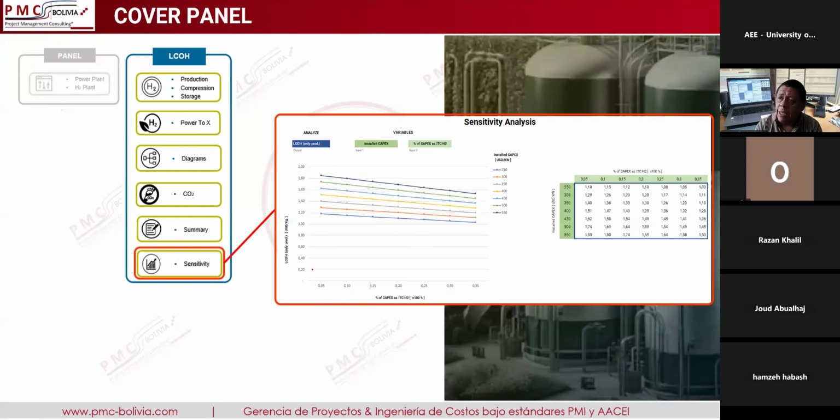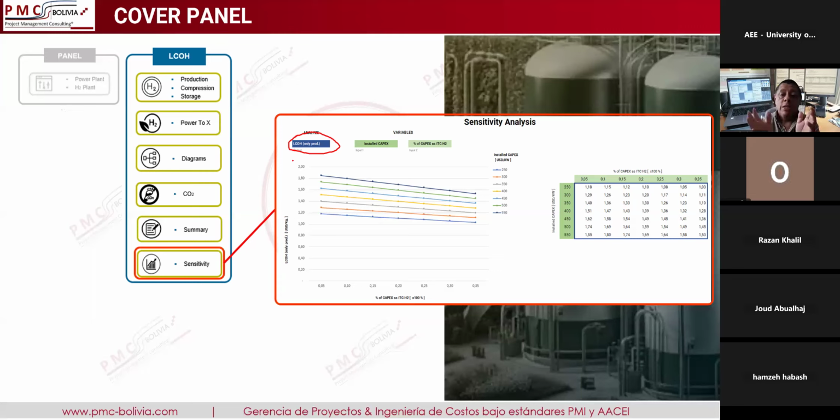So we have a panel of the sensitivity analysis. For example, we can choose around 8 output data: LCOH, initial investment, replacement of stacks, O&M, electricity costs, IRR indicator, NPV indicator, and payback.